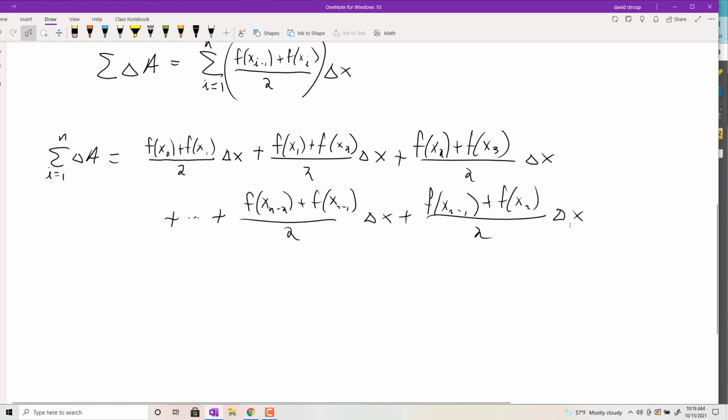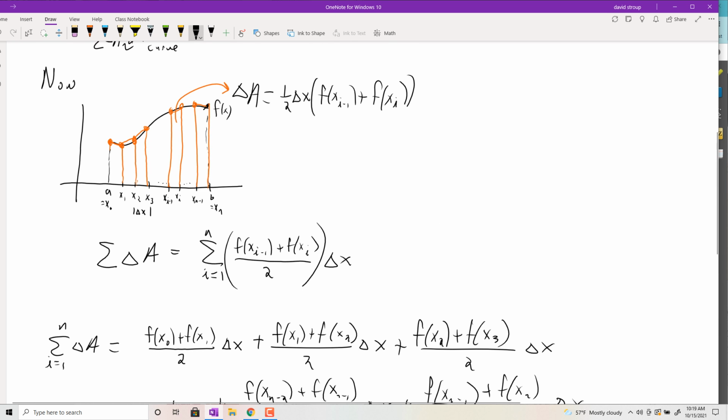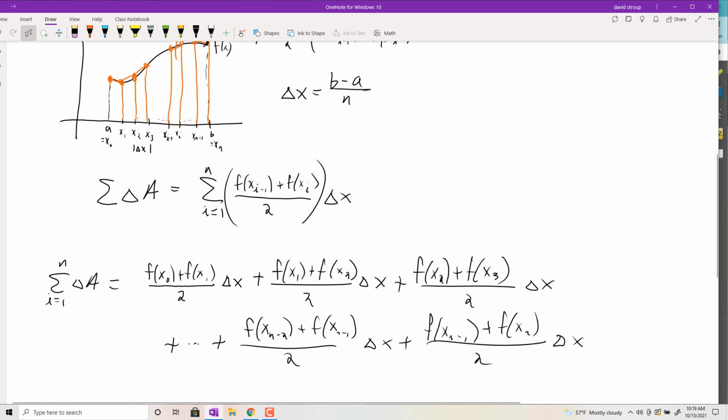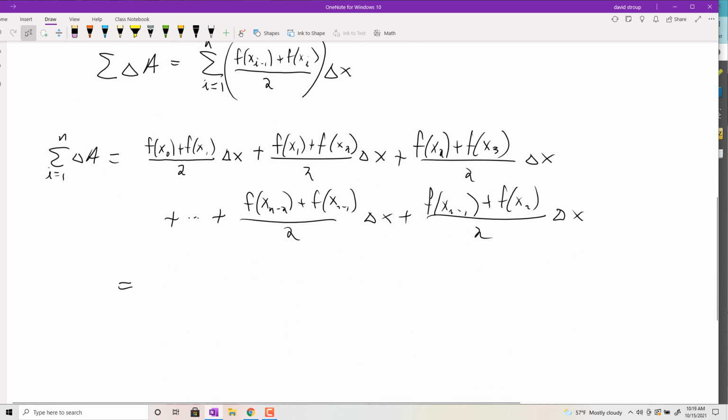Let's factor out the change in x over 2. Please note, what is change in x? Using this picture, change in x is just b minus a all over n. So if I factor out change in x and do that substitution with b minus a over n, and factor out the 1/2 as well, I get b minus a over 2n.